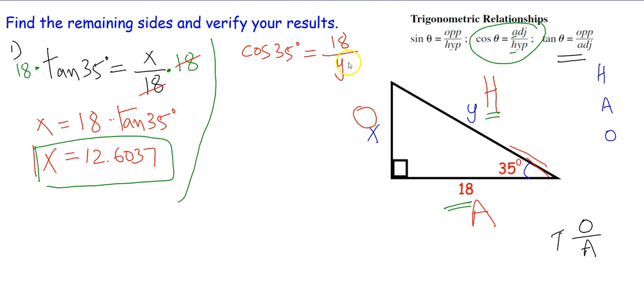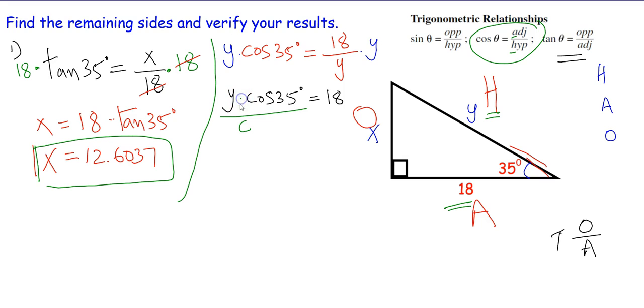Now y is in the denominator. You want to bring it to the numerator so that you will be able to solve it. Multiply by y on both sides, giving you y times cosine 35 degrees equal to 18. So y times cosine 35 can cancel out this cosine 35 by dividing it.